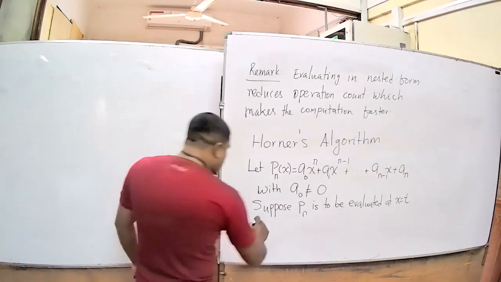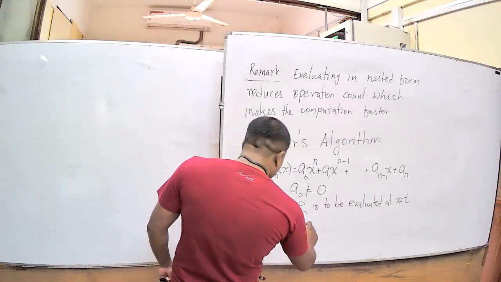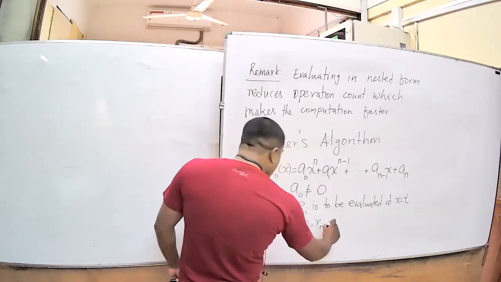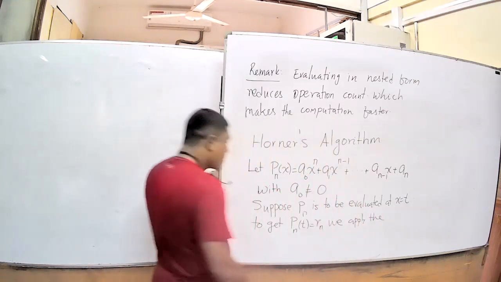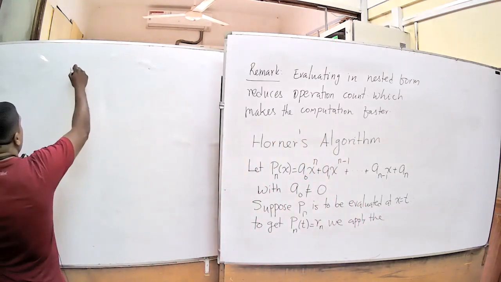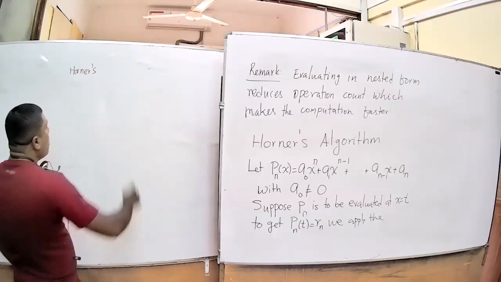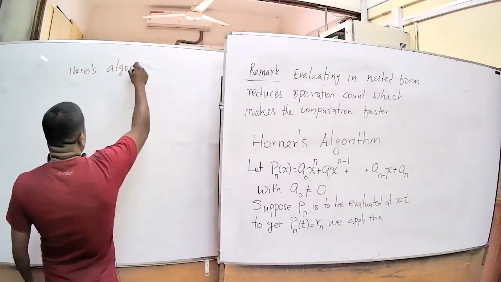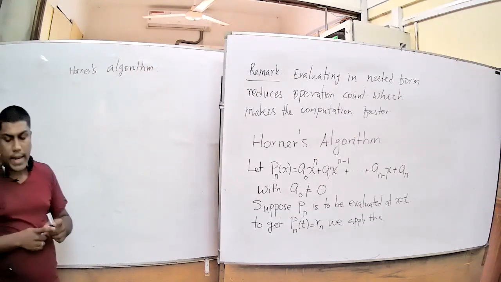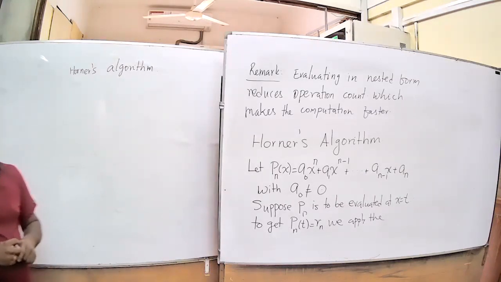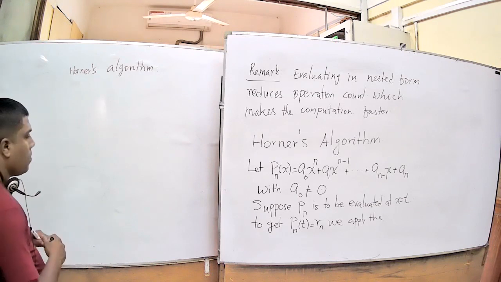So to get this value Pn at t, we will apply Horner's algorithm. So what is Horner's algorithm? Let me write it down.